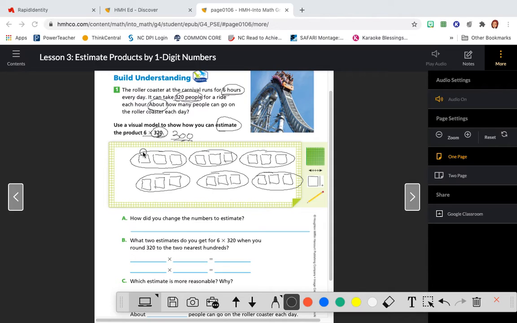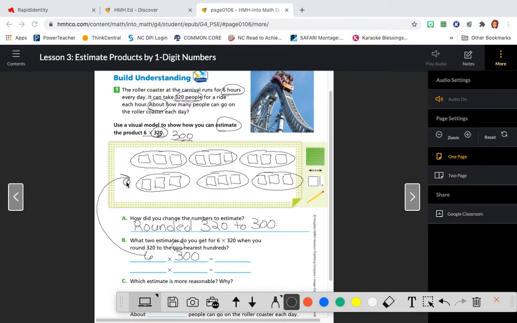Okay? Now, how did you change the numbers to estimate? Let's look at A. So a possible answer for this is we took 320 and rounded 320 to 300. All right, look at B. It says, what two estimates do you get for 6 times 320 when you round 320 to the 2 nearest hundreds? Okay, so the first thing that we did, we said 6 times 300.